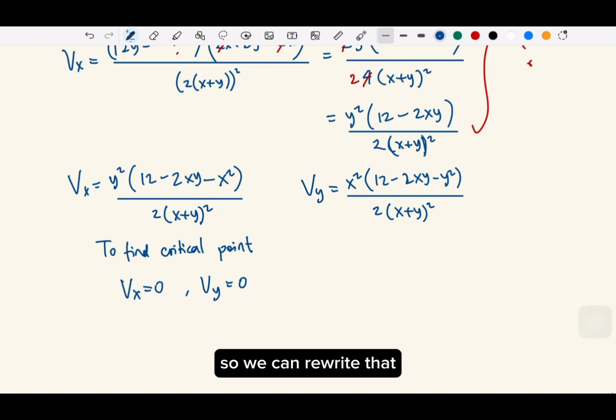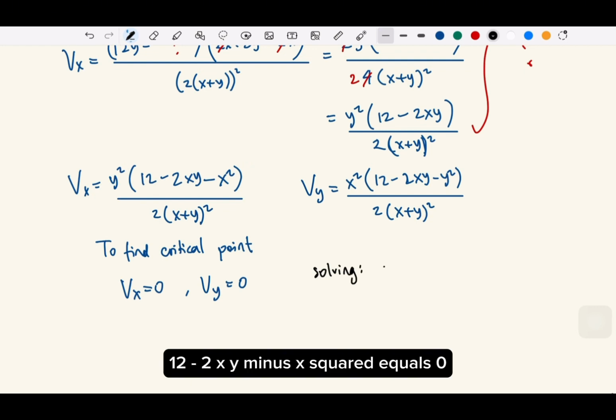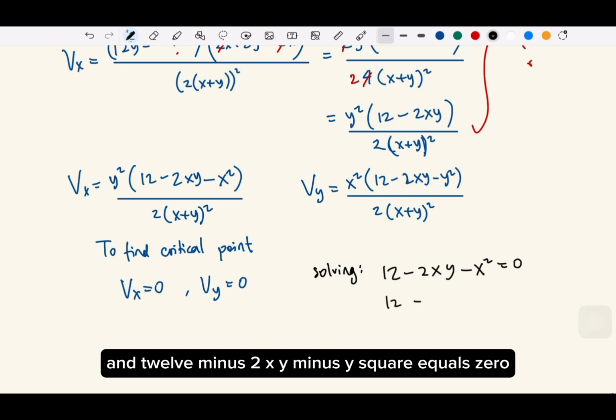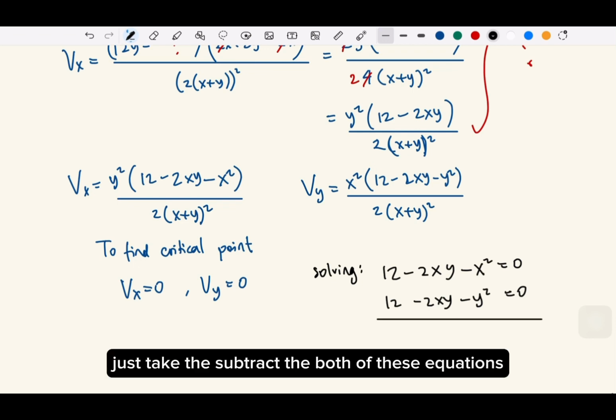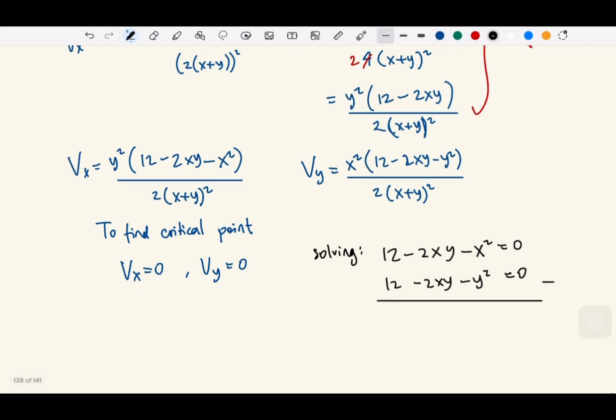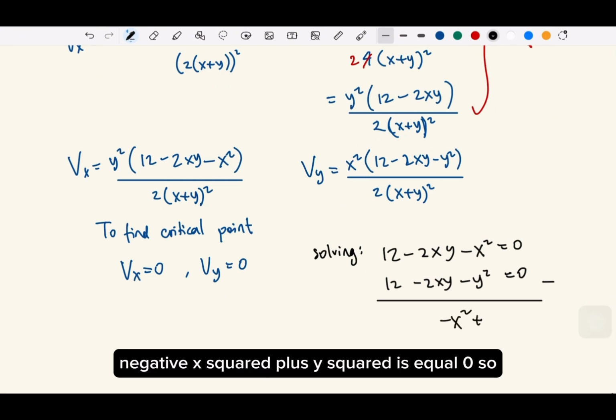So we can rewrite that, solving 12 minus 2xy minus x squared equals 0 and 12 minus 2xy minus y squared equals 0. If we just subtract both of these equations, we get negative x squared plus y squared equals 0.